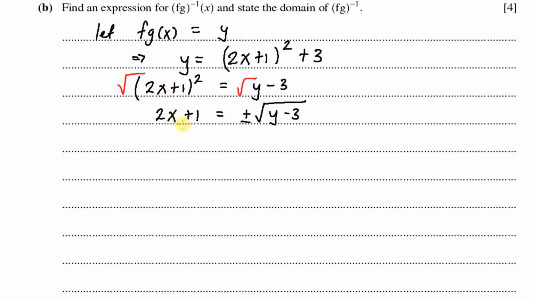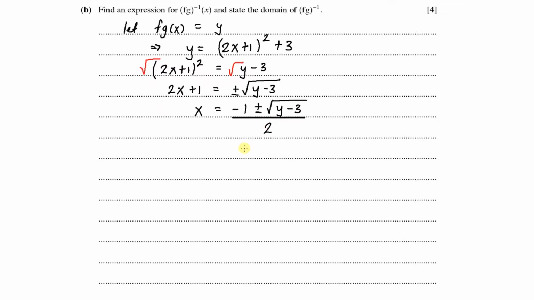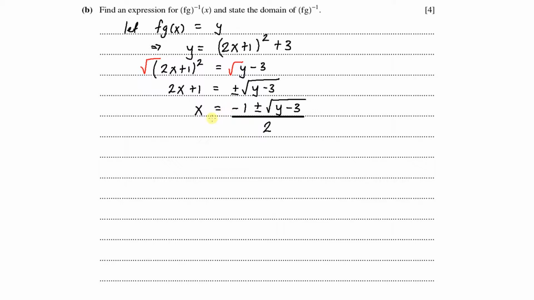Now, if I want to remain with x here, I will subtract 1 from both sides and divide both sides by 2. So I'll be having x is equal to minus 1 plus or minus the square root of y minus 3, all divided by 2. So we've made x the subject right here.